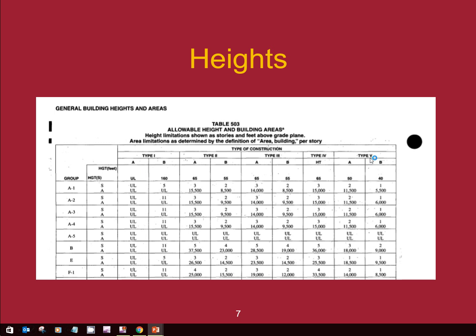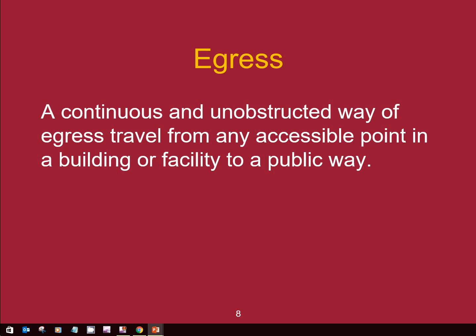Whereas if we come over here to type 5 construction, which was the any materials utilized, it can either be 1 or 2 stories, or 5,500 or 11,500 square feet per floor. So there are limits based on the type of construction. This is just one chart. Building codes can be very, very confusing, so you have to spend some time going through them.